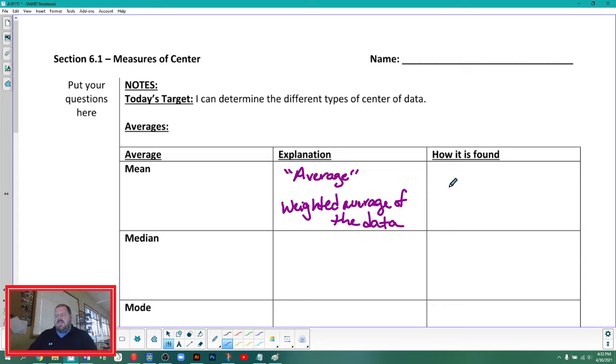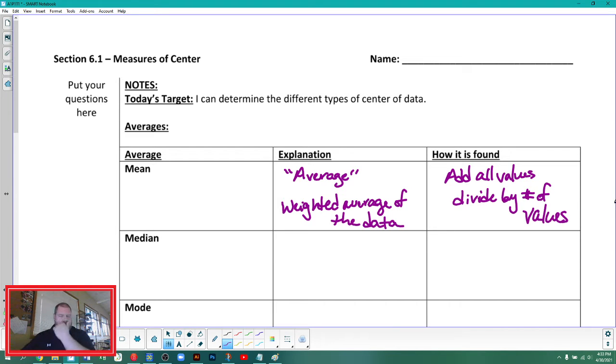And how it's found, the typical way of finding average: add all values and divide by the number of values.